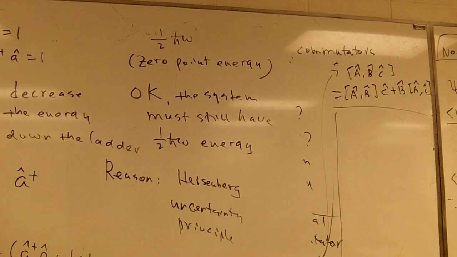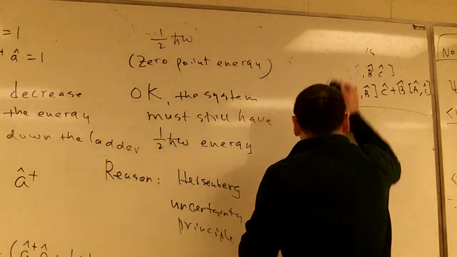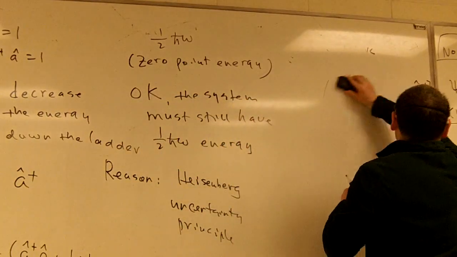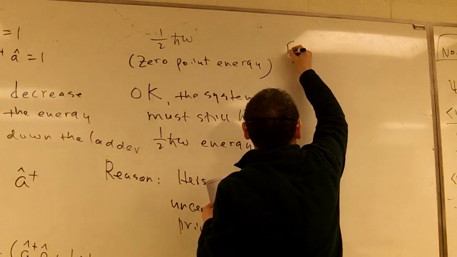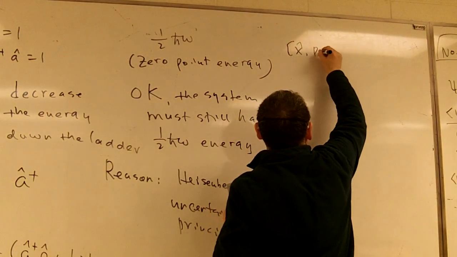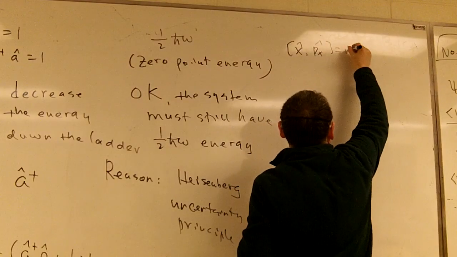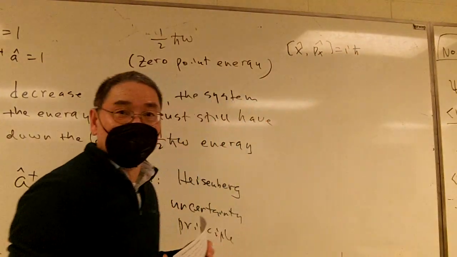The Heisenberg uncertainty principle says the following. If you have a position and momentum, remember, position and momentum do not commute. So in other words, this part, you see the position and momentum, this equals ih bar, like this.